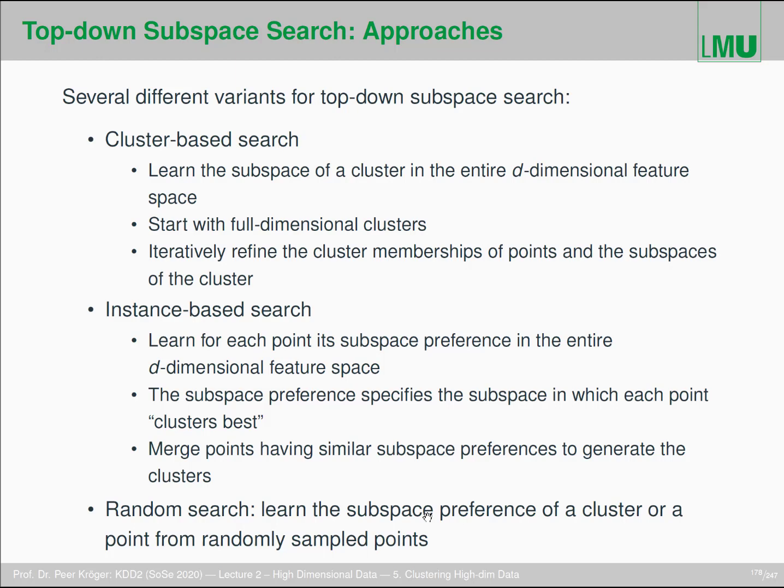In this feature, the variance of the points is very low, so this is an important feature for the subspace cluster, because of course you're interested in low variance, meaning that the points are very similar in the particular feature.